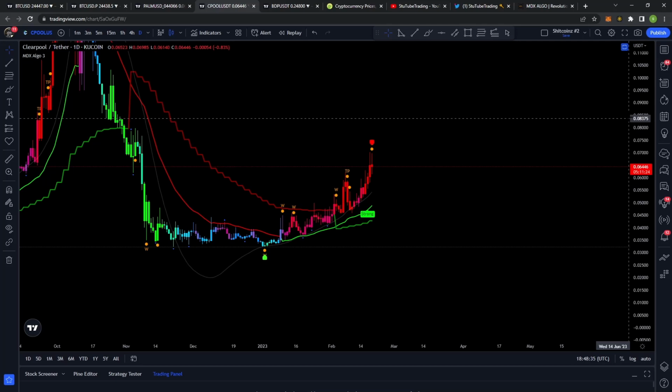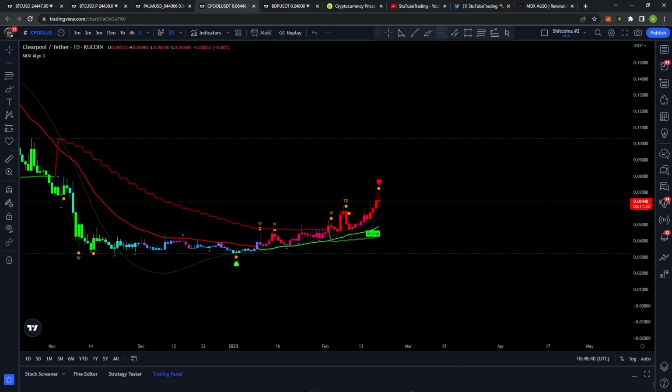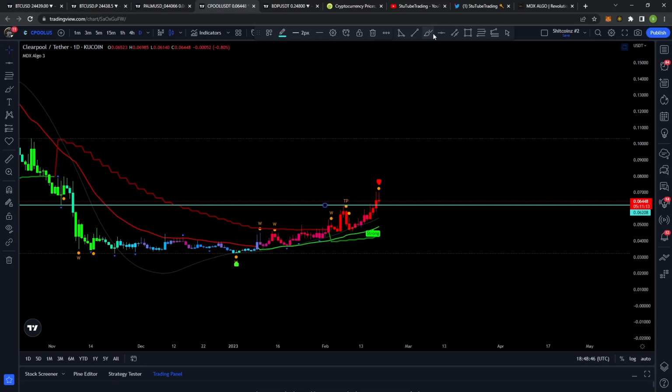This is one of those things where I'm taking this signal quite seriously. The fact that we even got a nice candle close on the daily above our resistance back here.